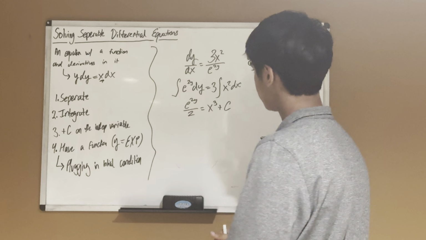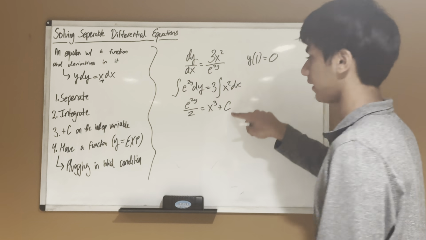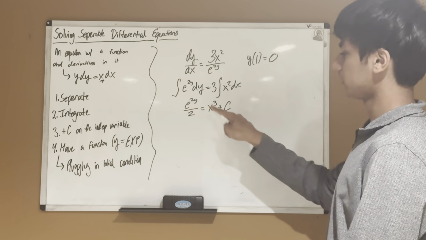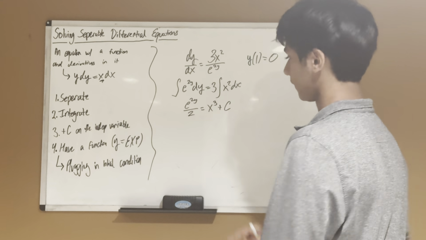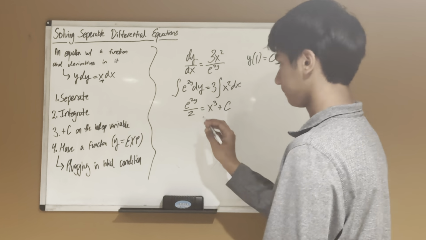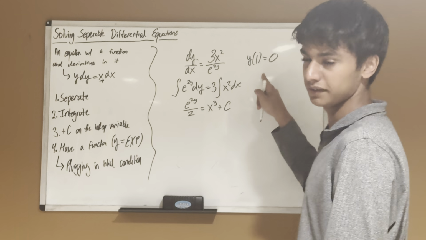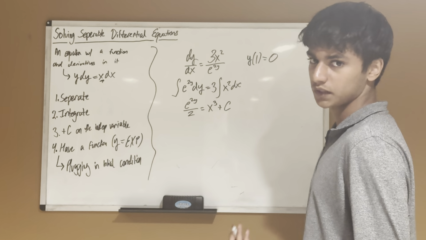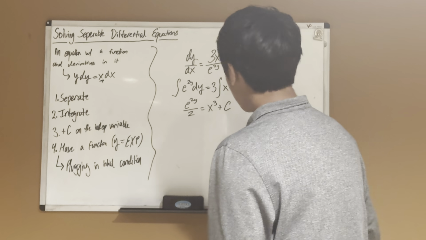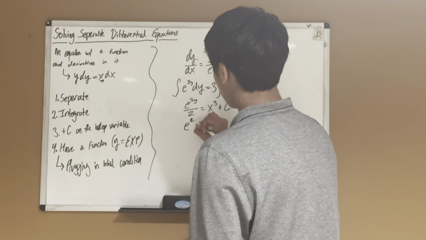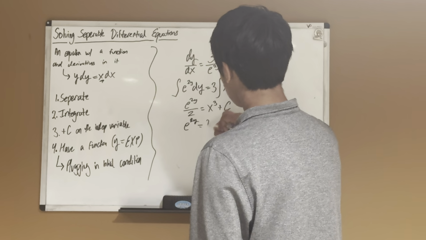So from here, we can either plug in our initial condition to find c immediately, or we can just keep going with this until we have a function and then plug in. In this case, I'm just going to keep going and then plug in the initial condition at the end, but it's up to you which way you want to do. Just do whichever way is faster. So here, e to the 2y equals 2x cubed.